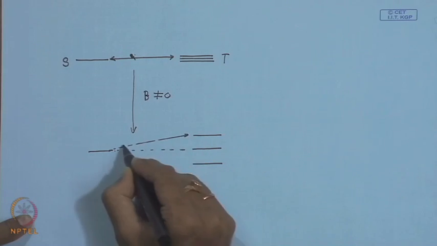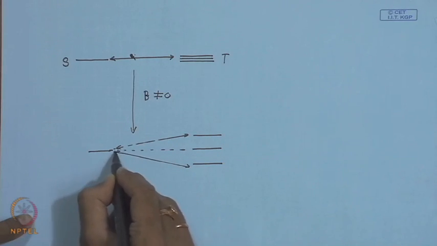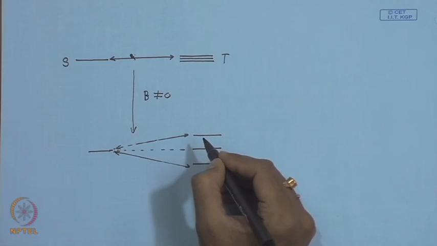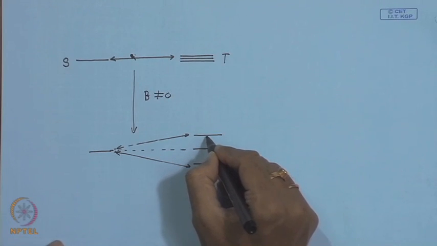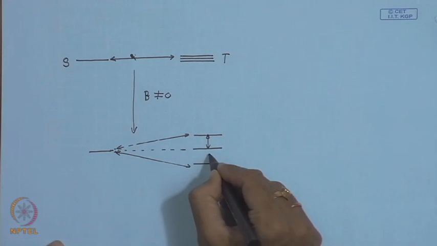So, transition from these two is now getting reduced because of the energy gap. This splitting is dependent on your external magnetic field.